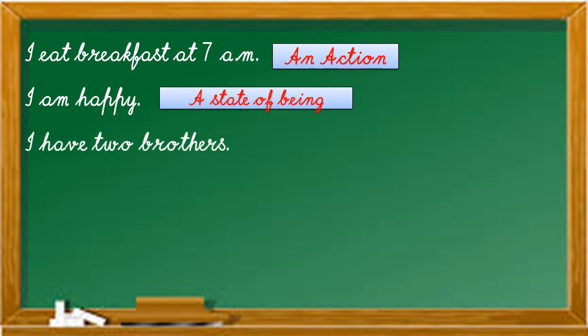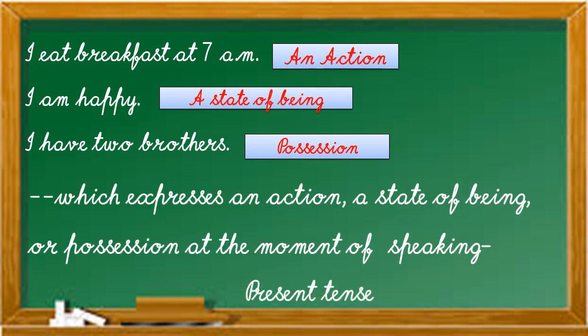I have 2 brothers. Here, have refers to possession. So, the word which expresses an action, a state of being, or possession at the moment of speaking is called the present tense. Well, we will start with simple present tense.